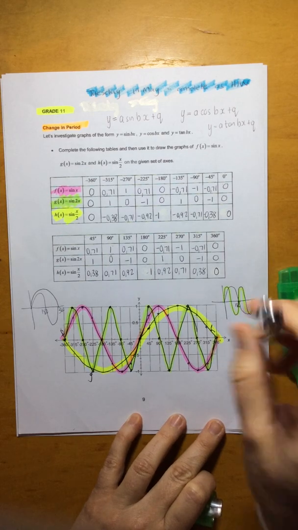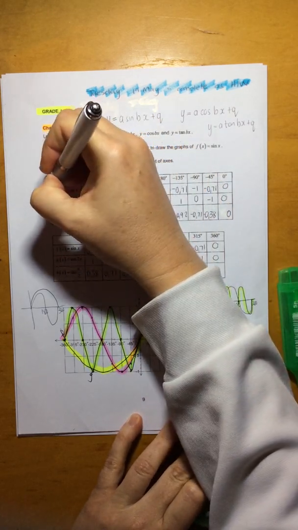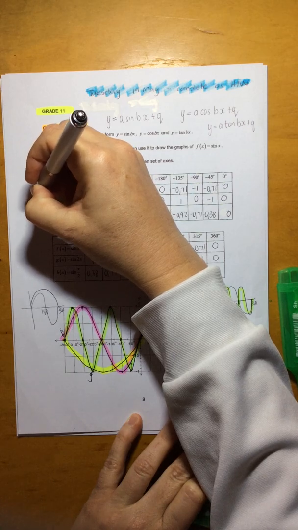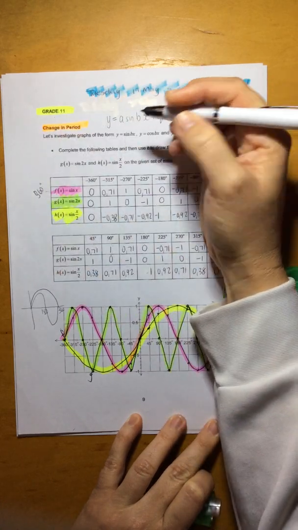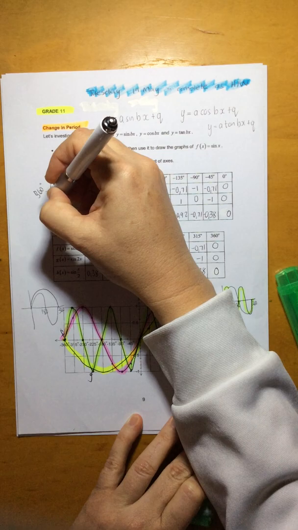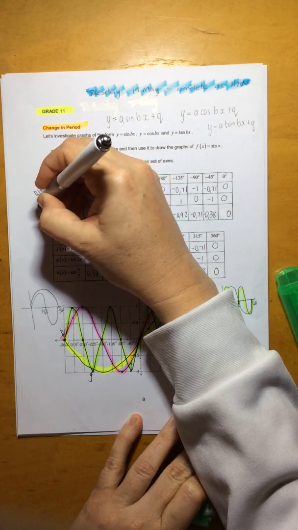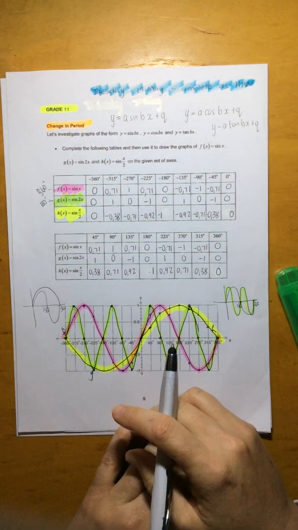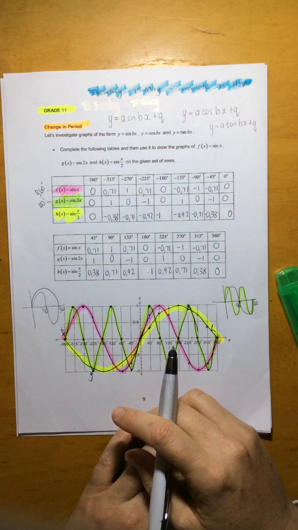So the period of sin x was 360 degrees. When I added the 2, it only required 180 degrees to complete one graph.